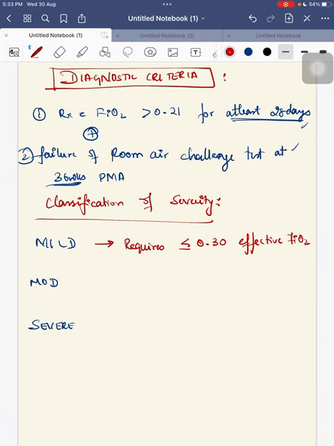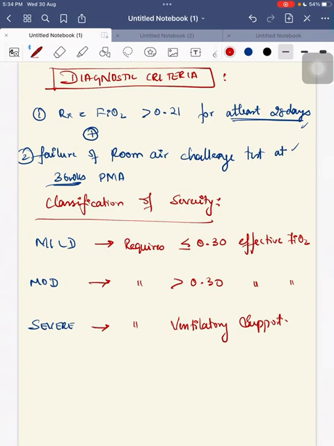Moderate is when the child requires more than 0.30 effective FiO2. You call it severe when the child requires ventilatory support with oxygen therapy. This is the classification of the severity of BPD.